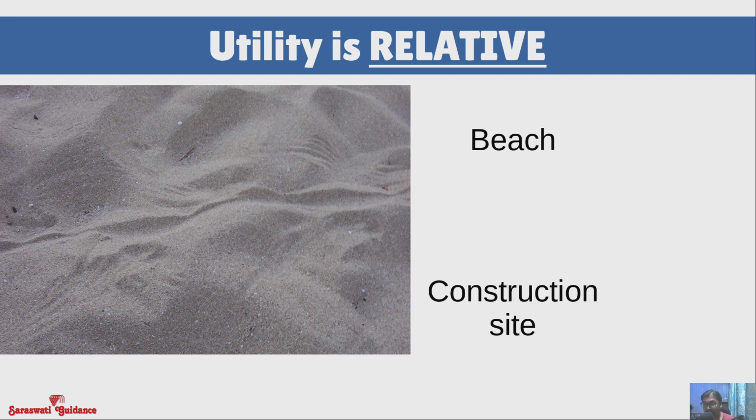But at a construction site, the sand is going to be used for construction. Naturally, the utility of this sand is relative to its place. Its utility is more at a construction site than the beach.